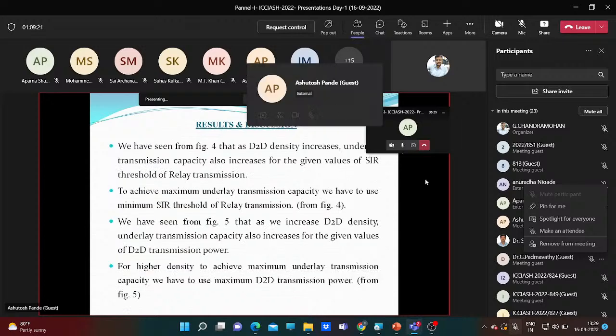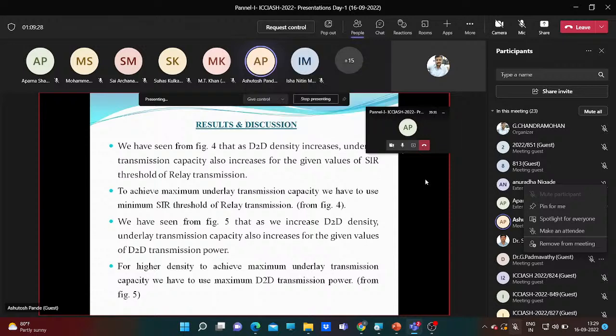Now from figure 4, we get the result that as device to device density increases, underlay transmission capacity also increases for the given value of SIR threshold of relay transmission. To achieve maximum underlay transmission capacity, we have to use minimum SIR threshold of relay transmission.